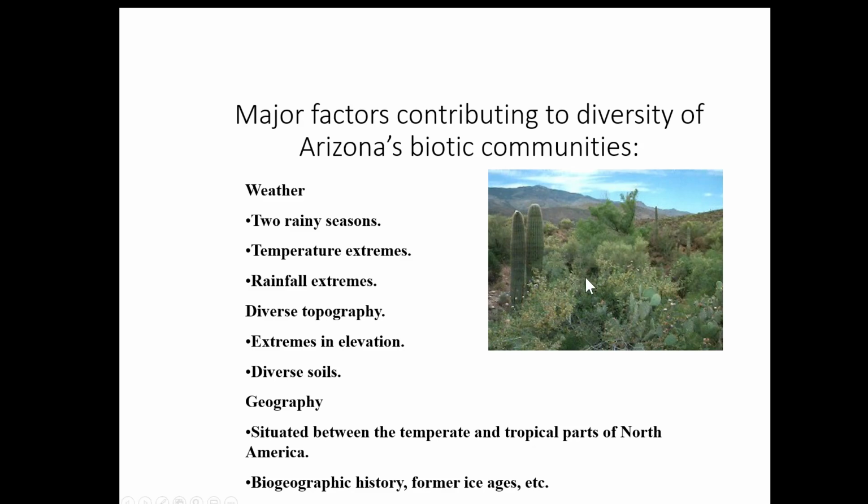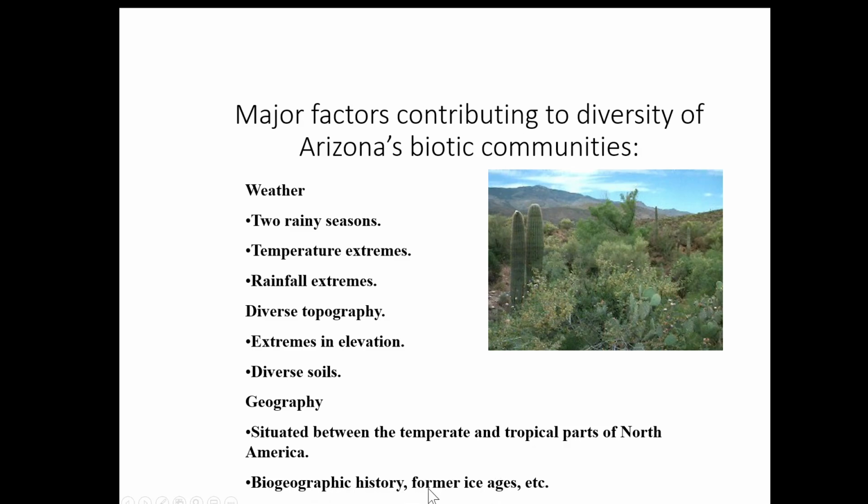The saguaro was a tropical plant that evolved into a desert plant. We also have animal species like javelina that are essentially tropical. Now they're learning to survive in a colder climate here in Arizona, but primarily because of global warming. We have a lot of tropical animals and plants in Arizona.